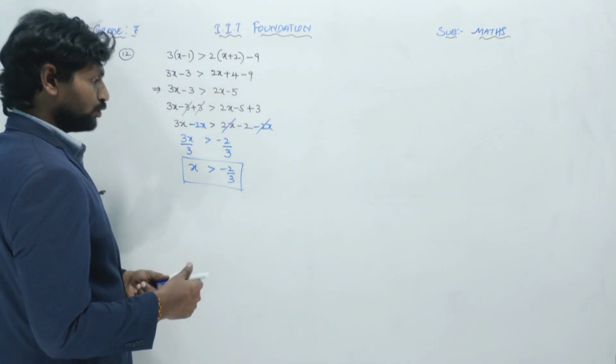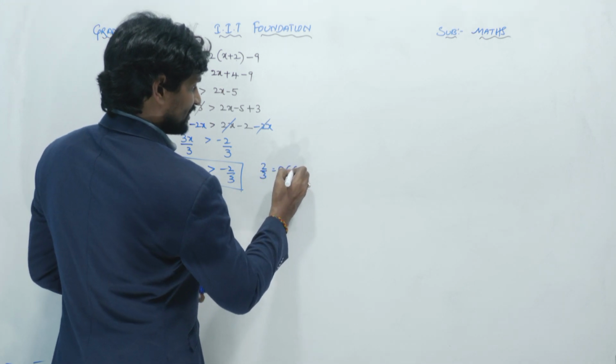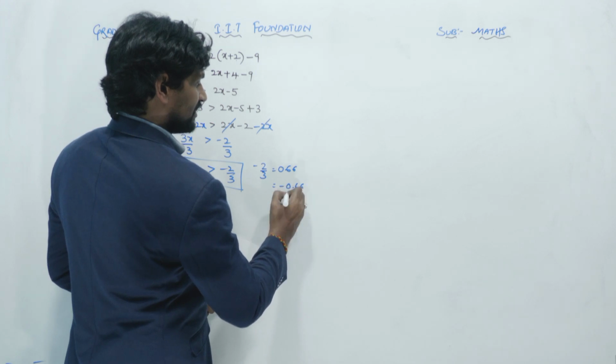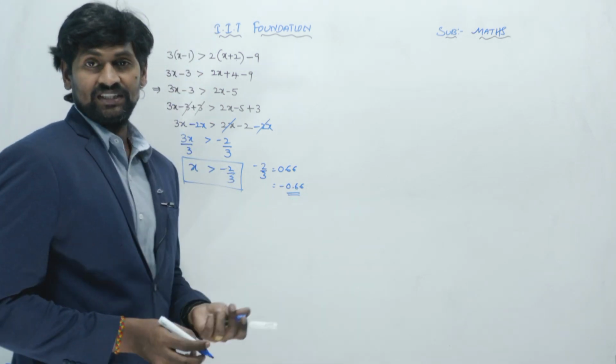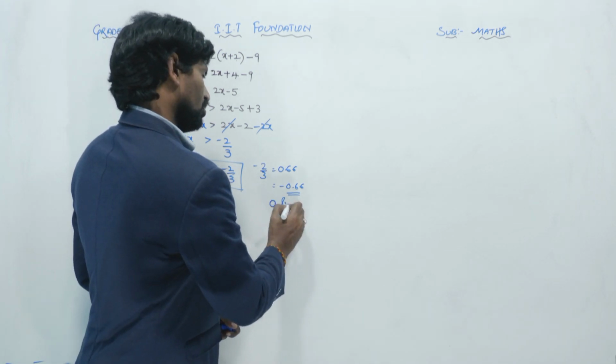Let me identify: 2 by 3 is nothing but 0.666 and so on. So minus 0.66 lies between 0 and minus 1.